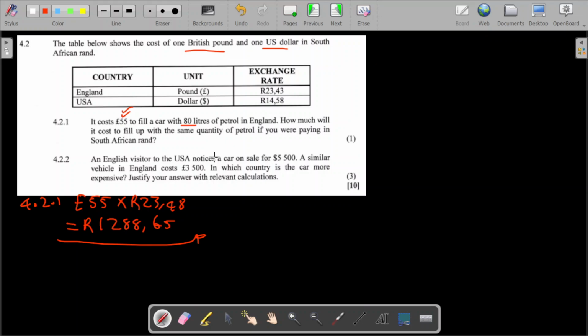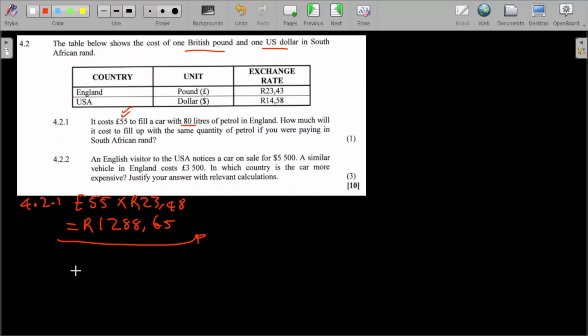Now, an English visitor to the USA noticed a car on sale costing $5,500. A similar vehicle in England costs £3,500. In which country is the car more expensive? In this case, we must compare.